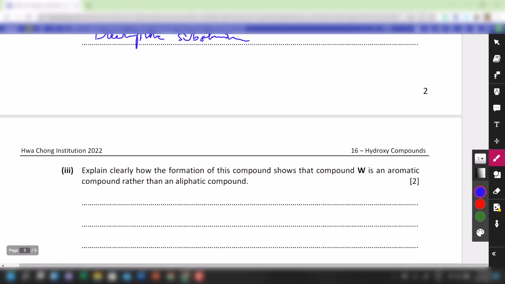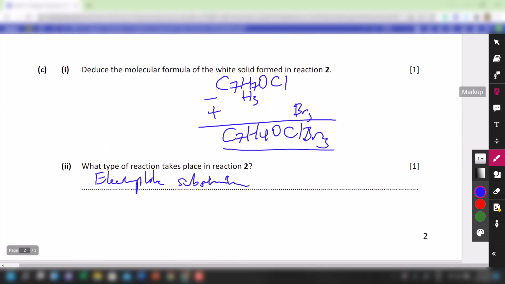Okay, so if it undergoes an addition reaction, then this particular step where I subtract off 3 H's becomes redundant. Okay, you guys get it? So it becomes redundant. But the fact that the 3 H are being substituted rather than retained shows that it is indeed a substitution reaction, which means electrophilic substitution took place.